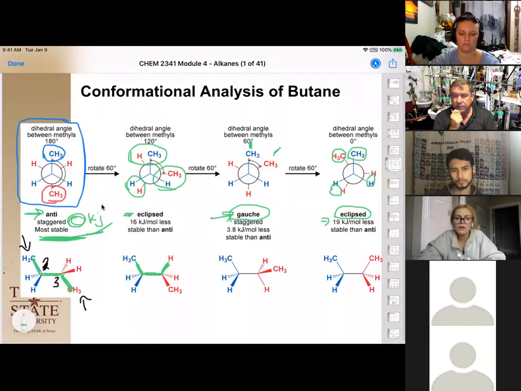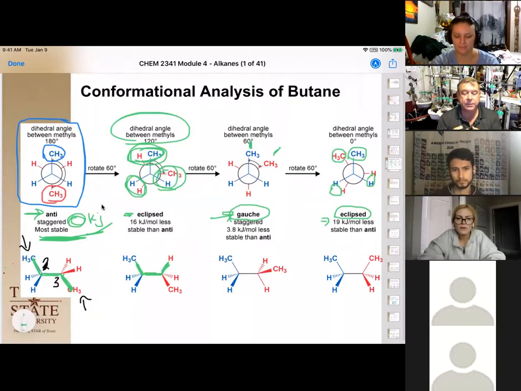Why is the rotation of 120 degrees so much less than rotating 60 degrees? I don't understand that. Why is the rotation of 120 degrees much less energy than, okay, I see what you're talking about. So here we have an eclipsed state where all three different groups are eclipsing each other.